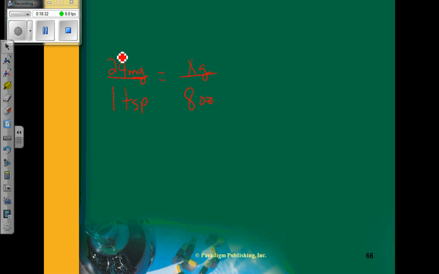So we're going to take 24 milligrams, and we need to convert it over to grams. If you have milligrams here, you have to have milligrams down here. So if we remember your chart, milli means 1,000. If it's 1 unit by itself, when it comes to grams and all that, it's 1.